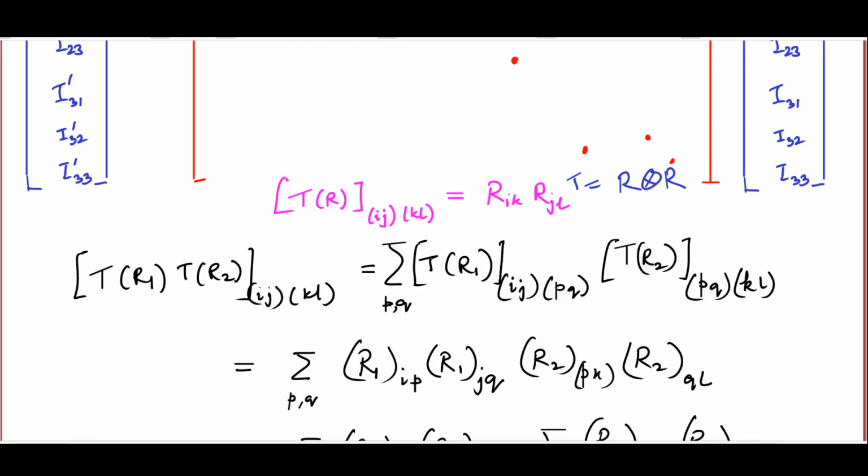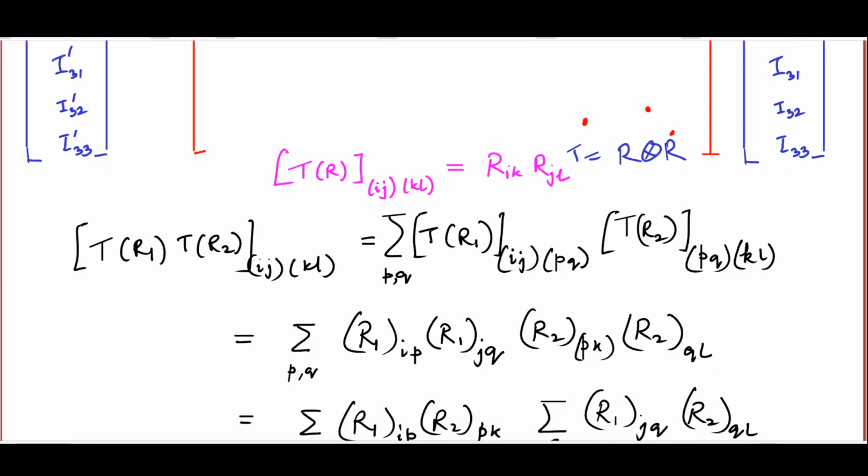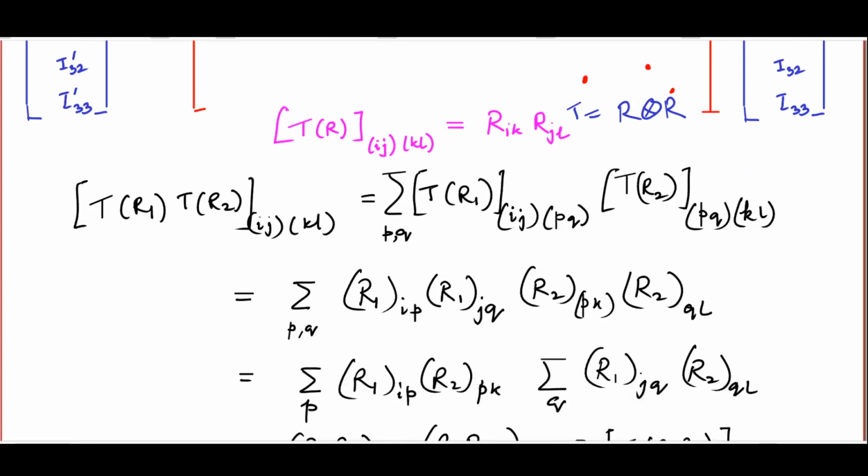Now notice that we have a sum over p and a sum over q, and they take all their possible values. But it is very easy to see that these two sums can be decomposed into 2 separate sums. That is, you have a sum over p of R1 ip, the very first term there, and the other term which contains p, that's R2 pk. Similarly, the sum over q essentially sums up R1 jq times R2 ql.